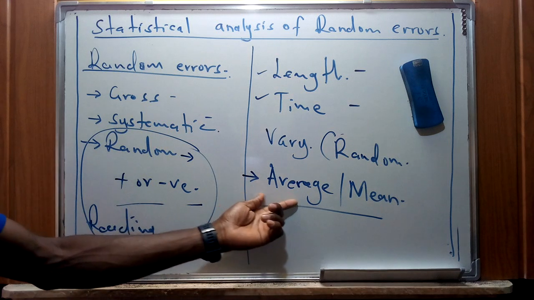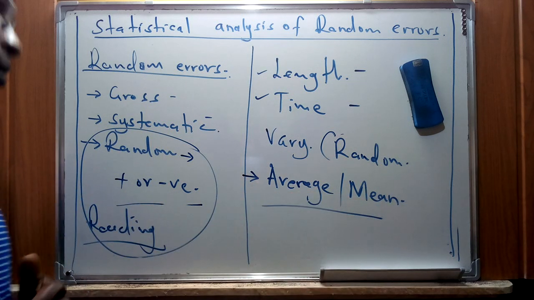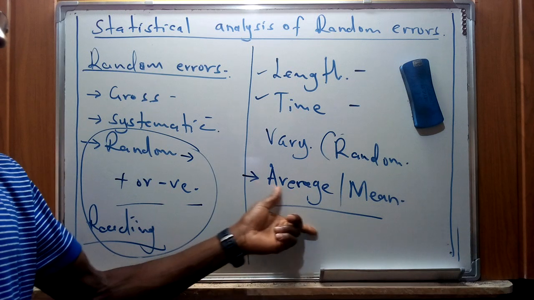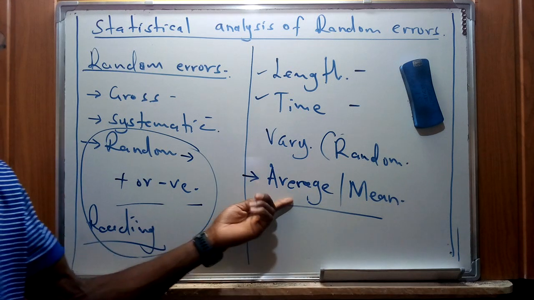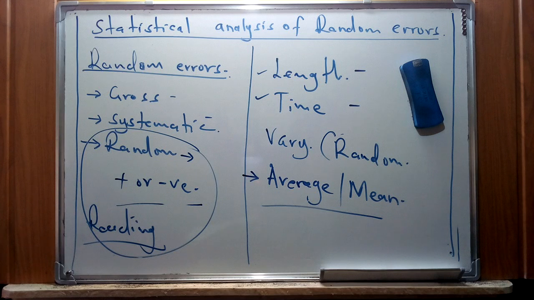So this is going to be the sum of the individual readings divided by the number of trials, which is going to assist us to obtain what we call the average, or rather the mean.